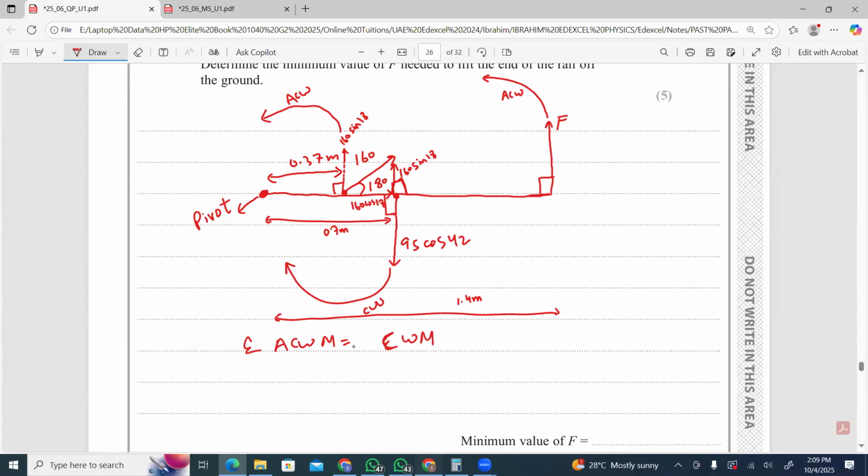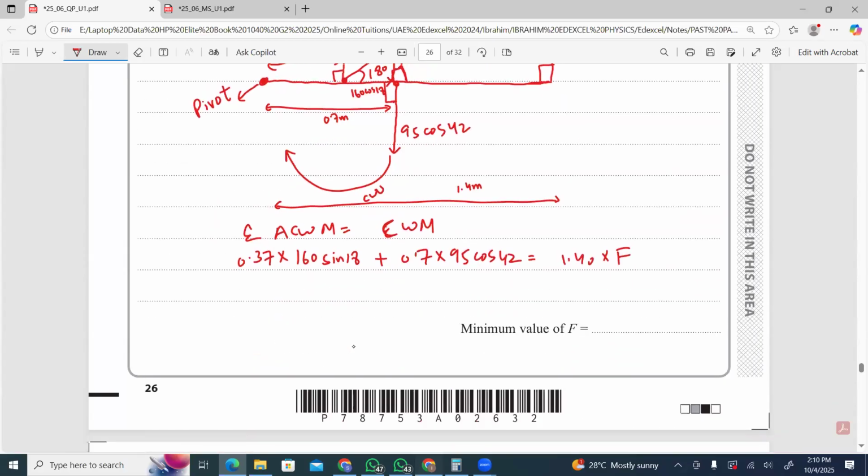The first one is 0.37 times 160 sine 18, plus the second one for the weight, 0.7 times 95 cos 42, equals, for the third one, which is the force, 1.040 times F. When you solve that, you get the answer as 22.2 newtons, and round it off to 22 newtons.